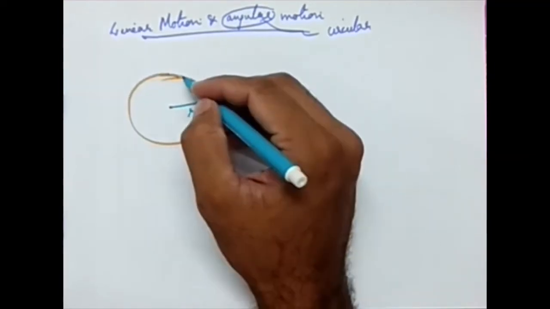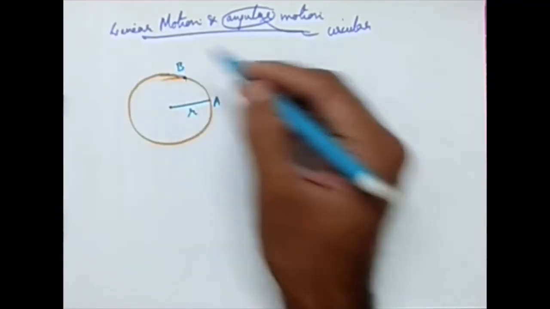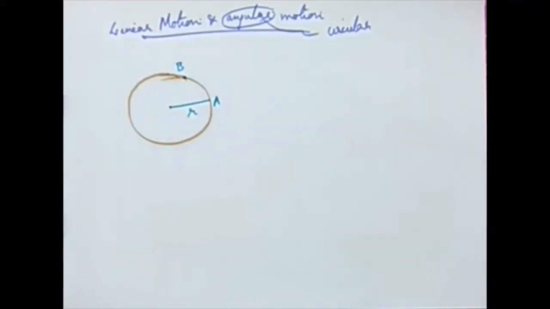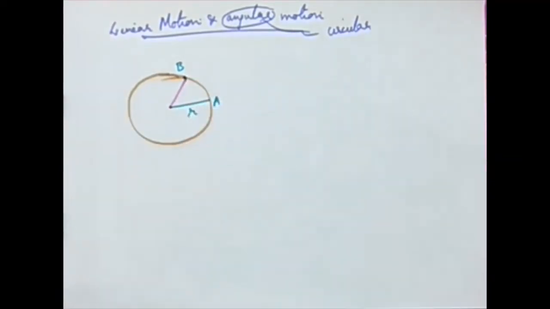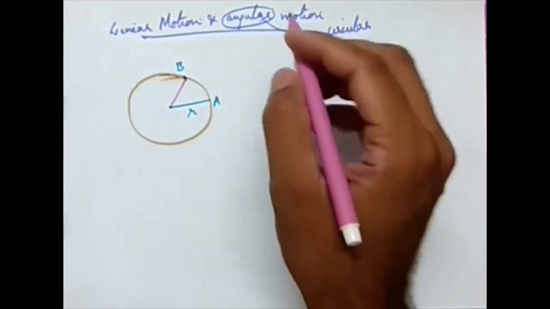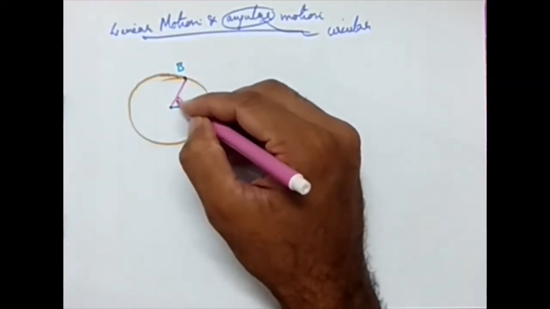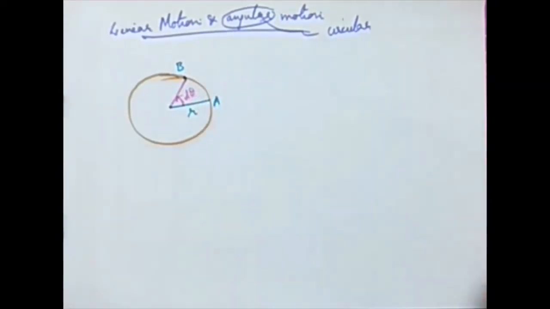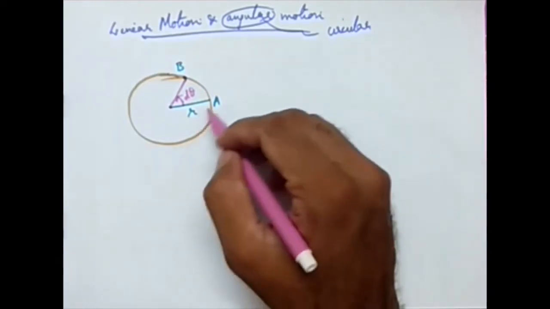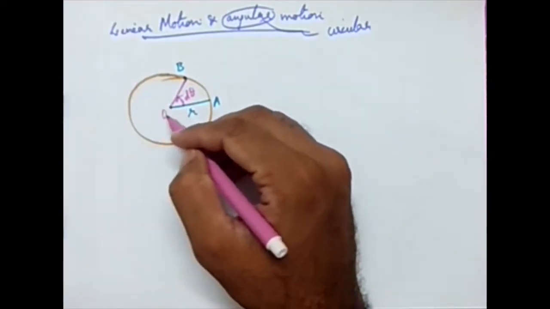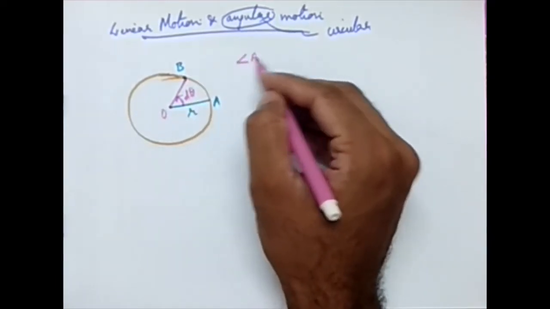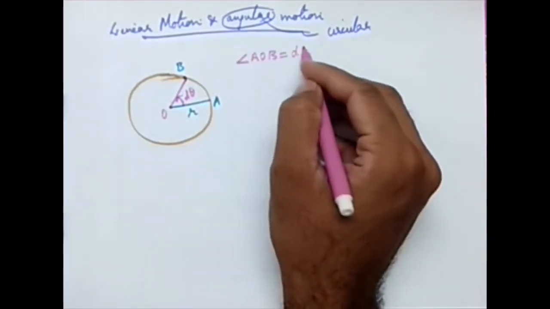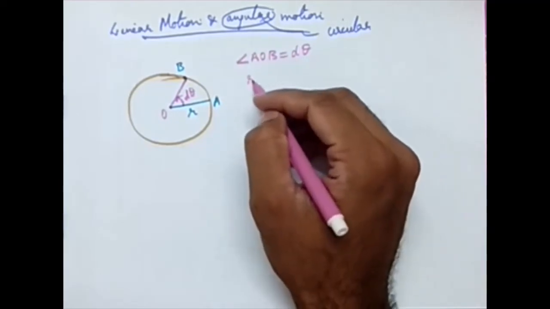I'm considering 2 points, point A and point B, and I'm going to consider this particular angle as d theta, the angle between the center, which is OA and OB, that is angle AOB. Angle AOB is d theta.